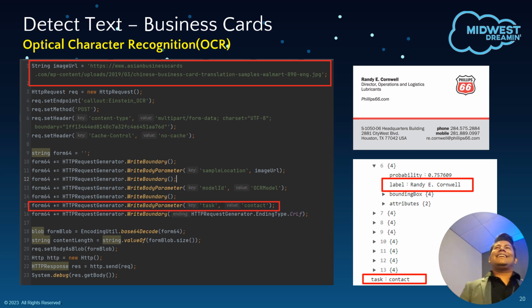But this is a happy scenario. Generally it's not that simple, because a business card can be very complicated. The image can be in different places, and for some companies the total format can be different. So if you have a complicated business card, it's better to have a data model on top of that.